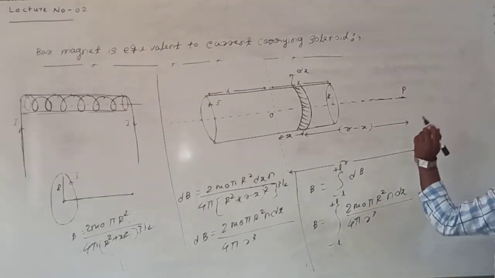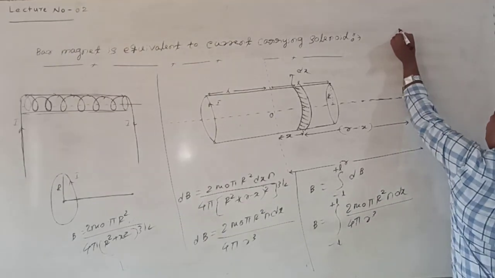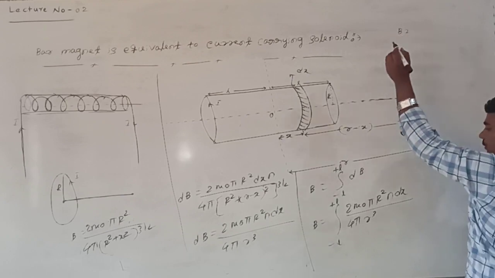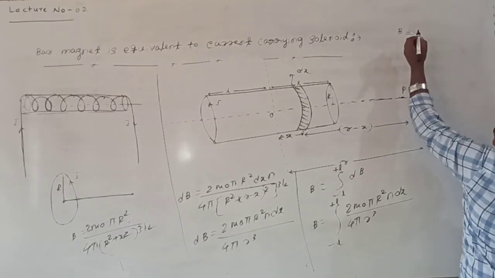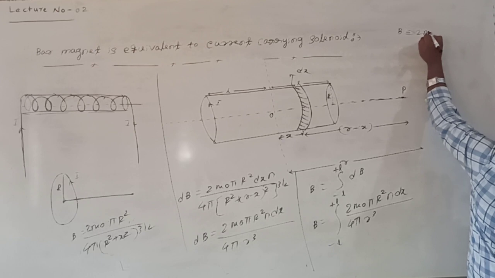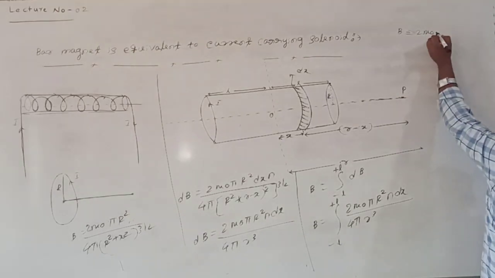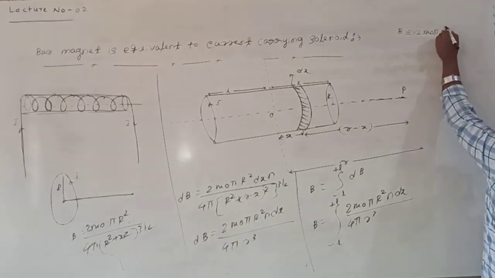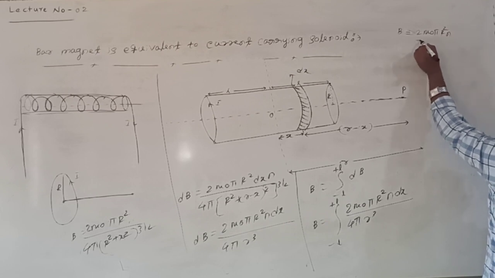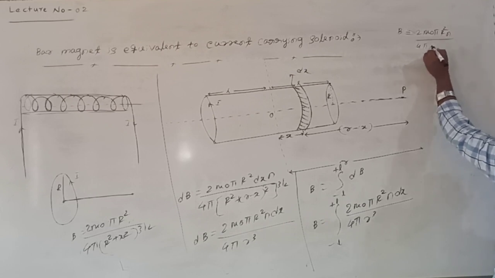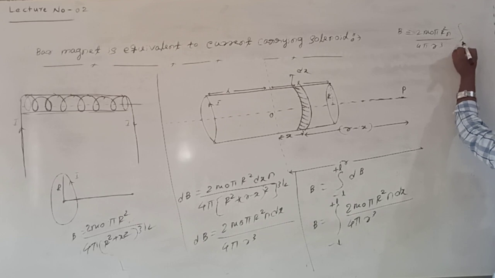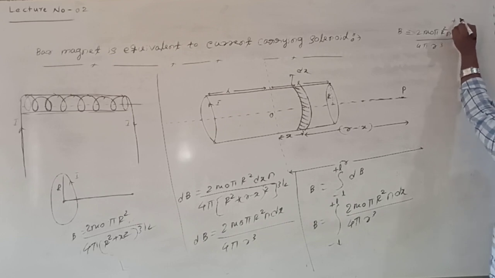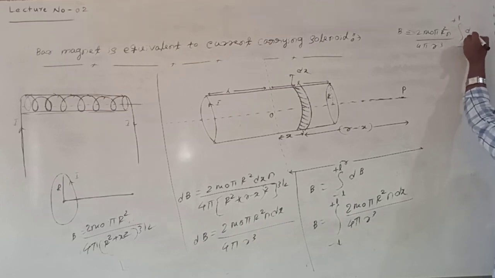Look at me, how to find this value? B is equal to what? What are the constant values here? 2, μ0, π, r square, n are constant, divided by 4π, r cube also constant. What is variable? Minus L to plus L, which is variable, dx is variable, right?